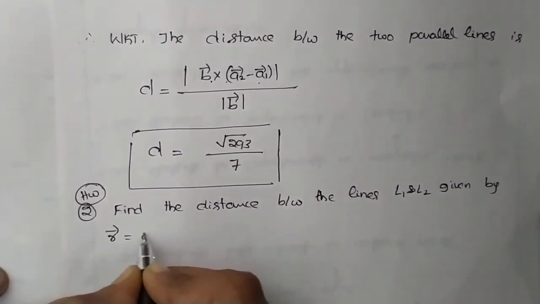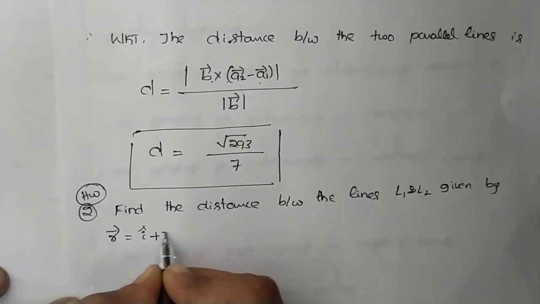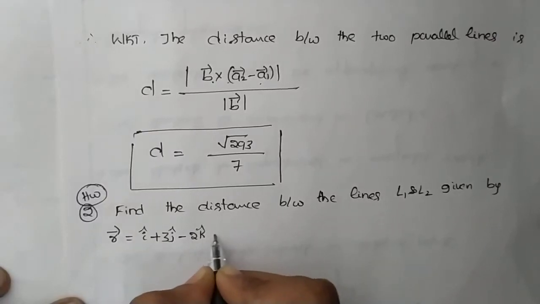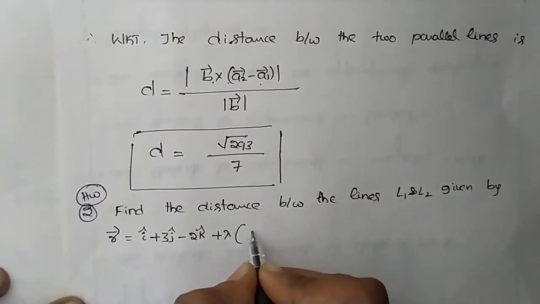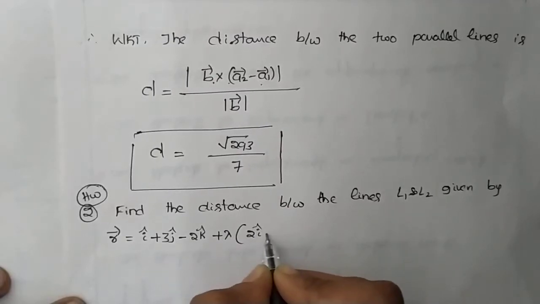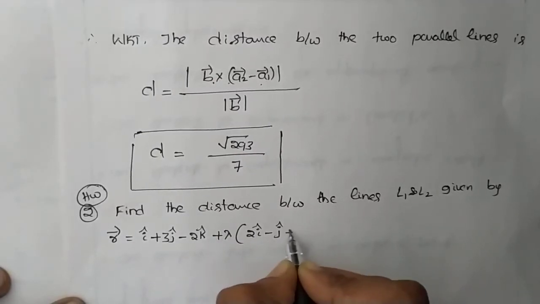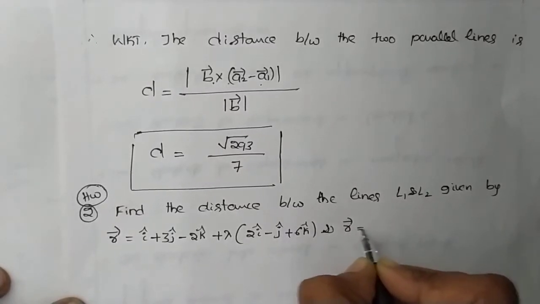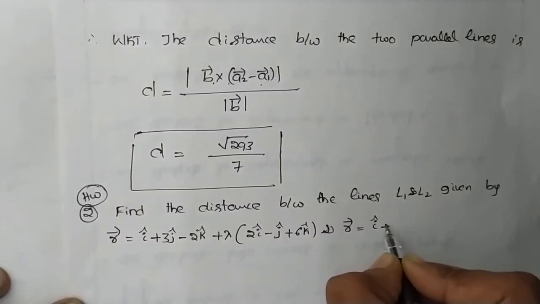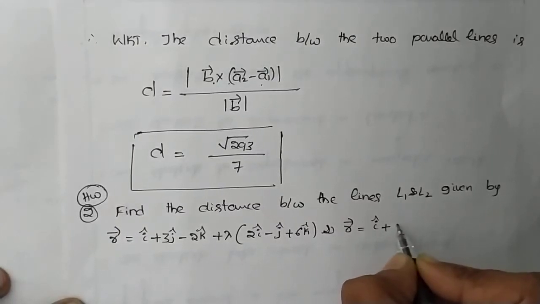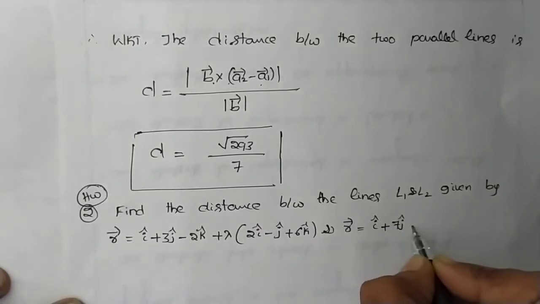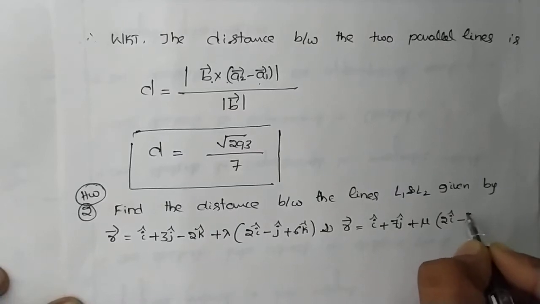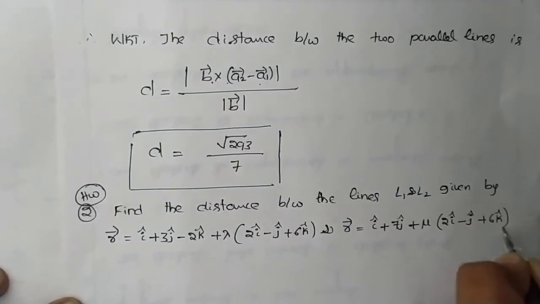r vector equals i cap plus 3j cap minus 2k cap plus lambda into 2i cap minus j cap plus 6k cap, and r vector equals i cap plus 7j cap plus mu into 2i cap minus j cap plus 6k cap.